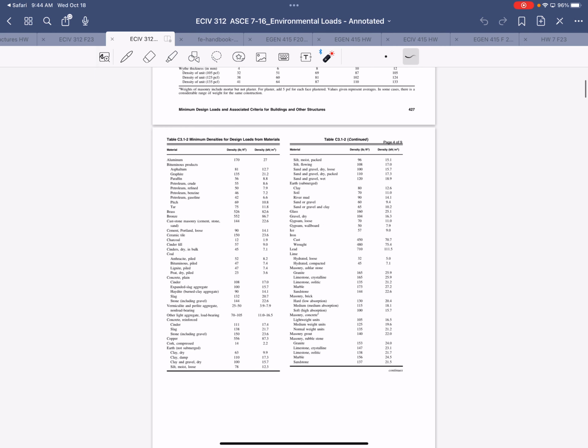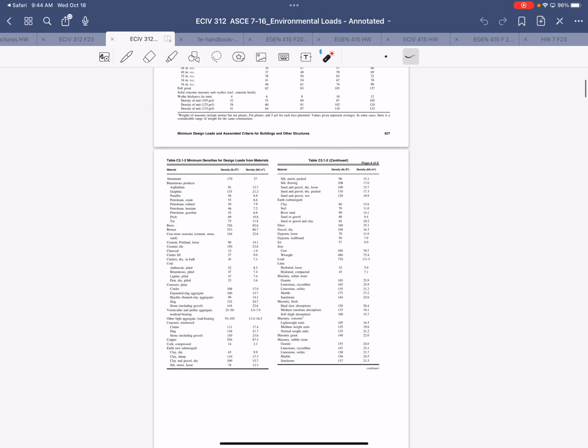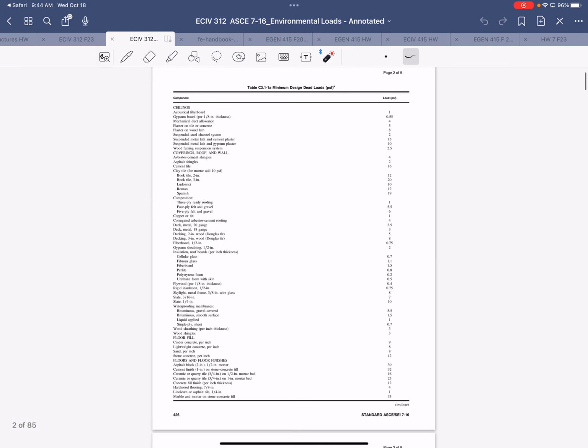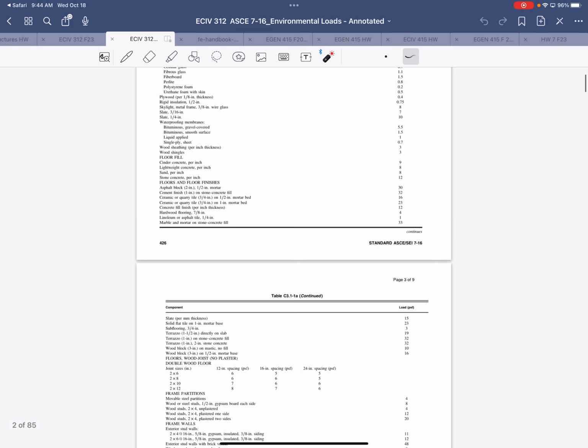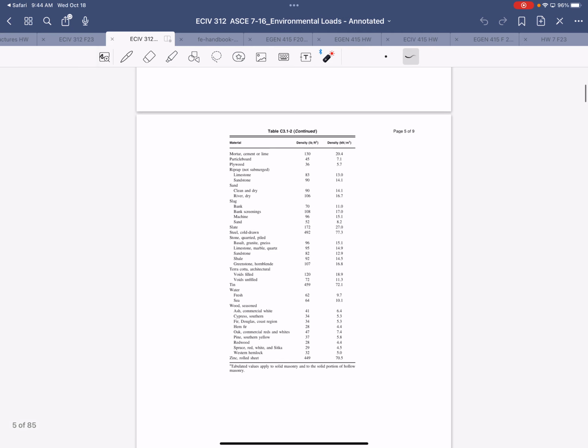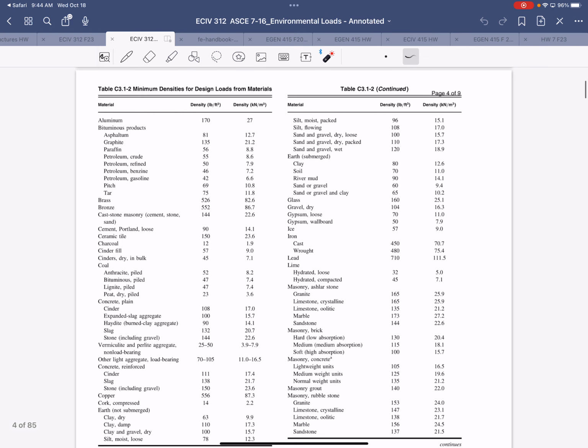It's this table that provides the densities. For the other things, you'll be using the first table, which gives you the load in psf for different types of coverings and finishes. But for that 3.5-inch stone concrete, I'm asking you to use this table, C3.1-2.